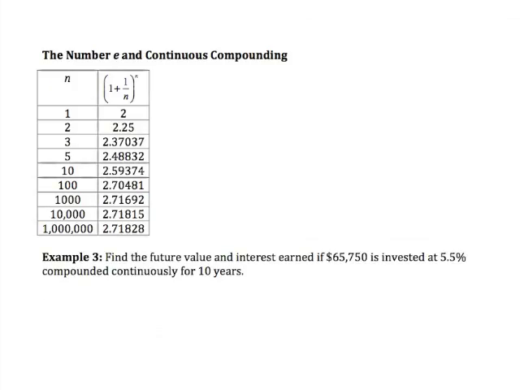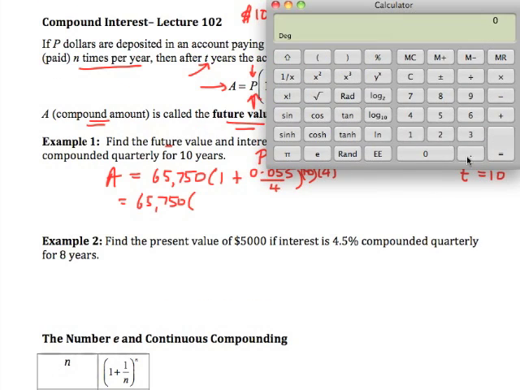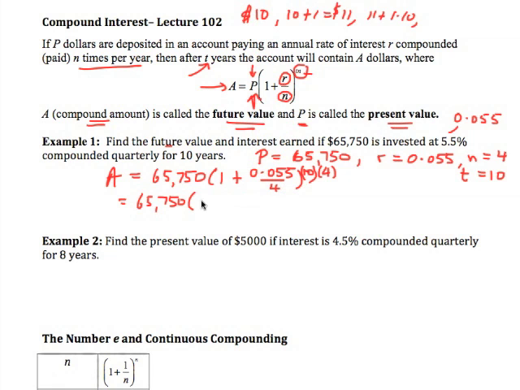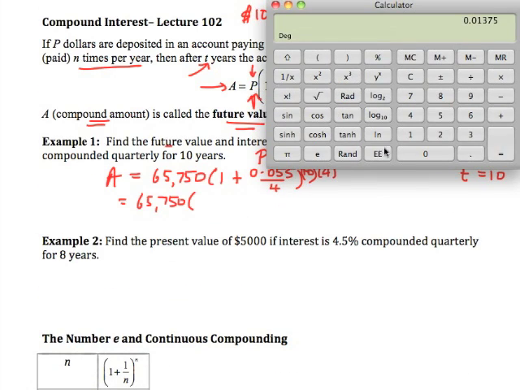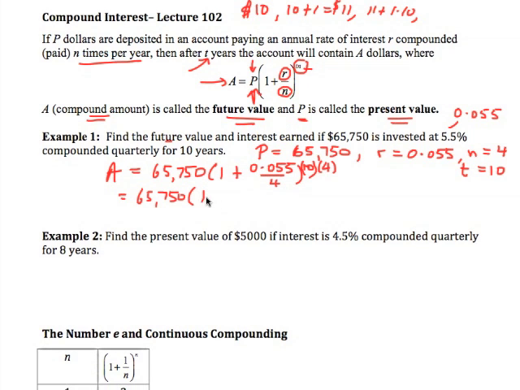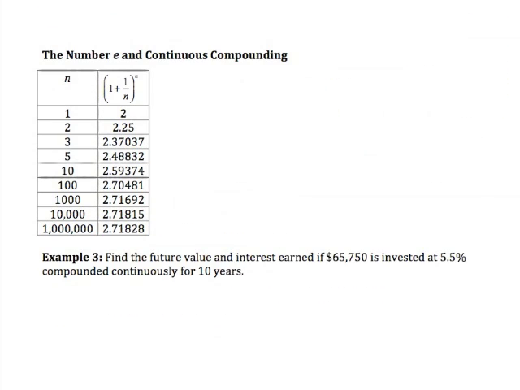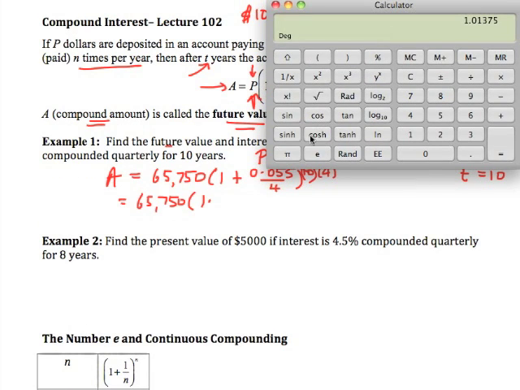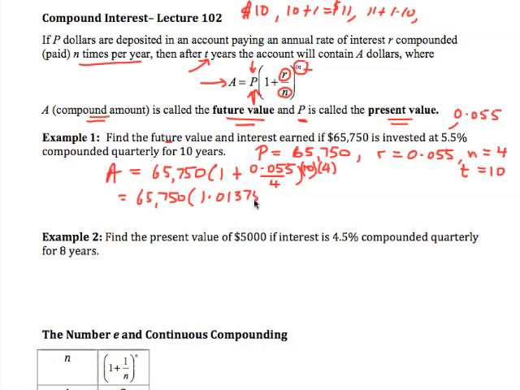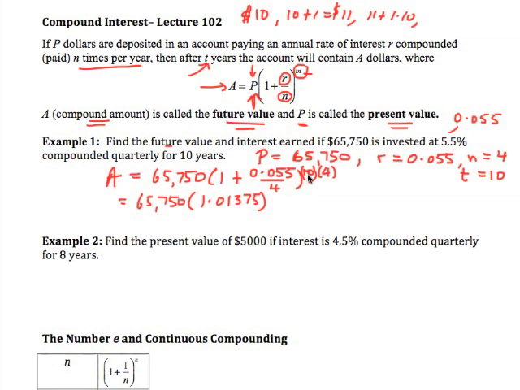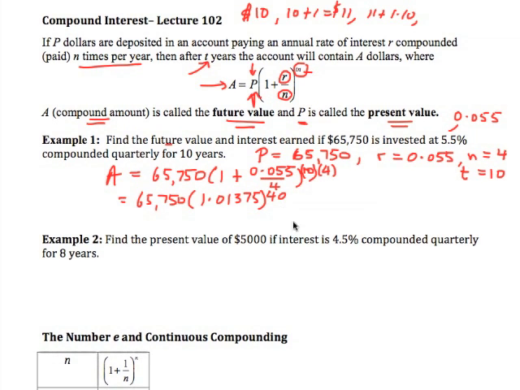We need a calculator. All right, so here's our calculator. So it's going to be 0.055 divided by 4. All right, and then we're going to add 1. So it's going to be 1.01375, and we're going to raise that to the power of 10 times 4 is 40.